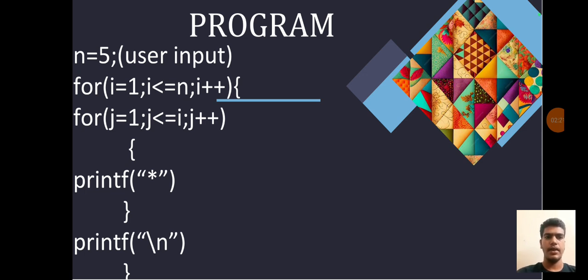In the inner loop we'll take a variable j equals 1, where j is lesser than or equals to i, where j increments. Then the inner loop will print one star, wherein the control comes out of the inner loop and then it prints on the next line.